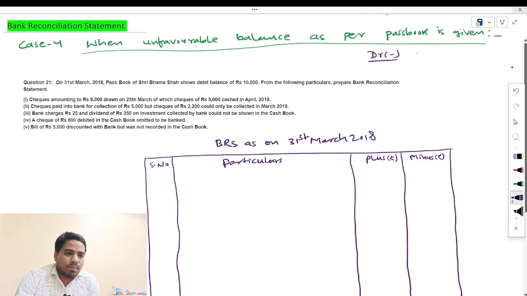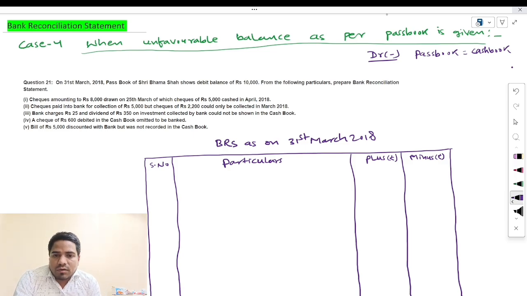And if the passbook balance is given, whether it is favorable or unfavorable doesn't matter, we have to equate the passbook balance with the balance of cash book. If it is favorable, no issue. If it is unfavorable, no issue. In all situations, the rules will be applicable as they are.